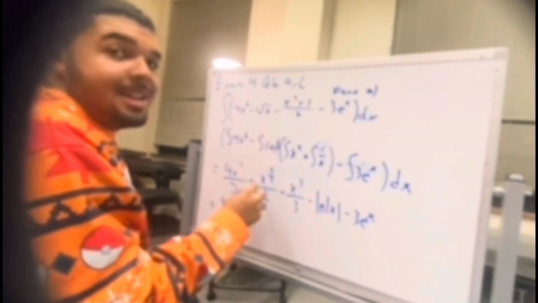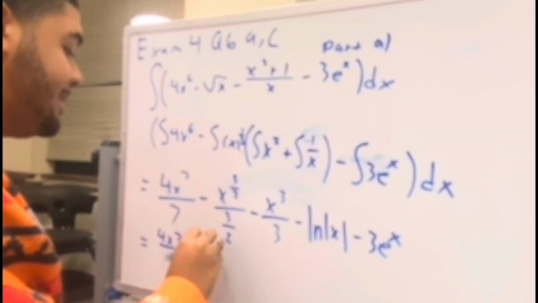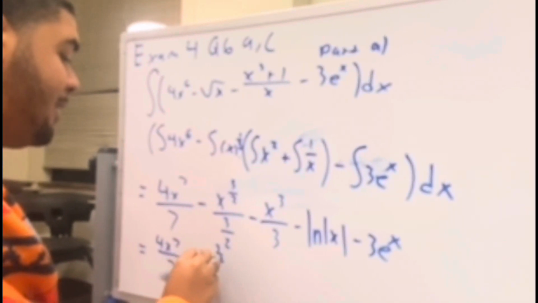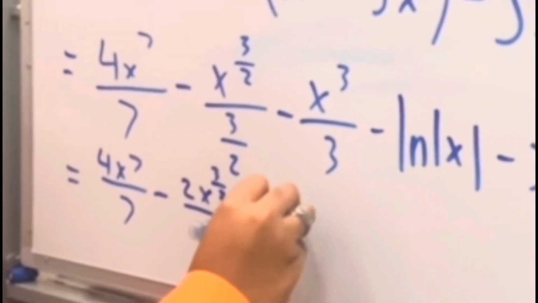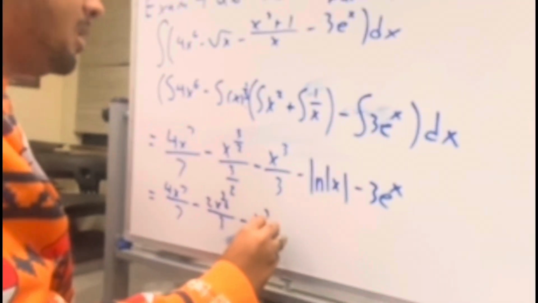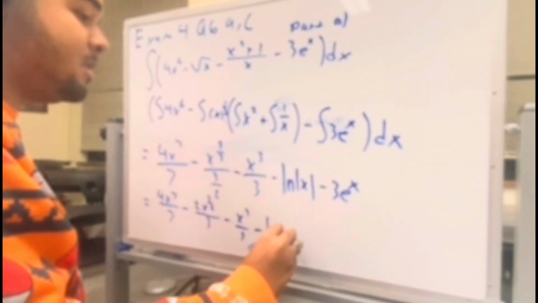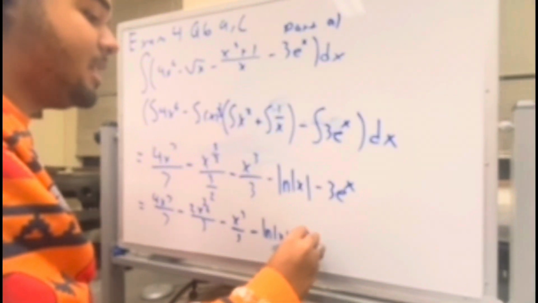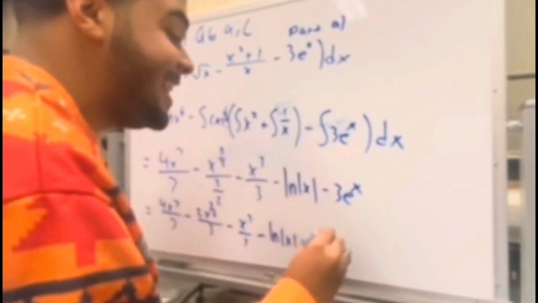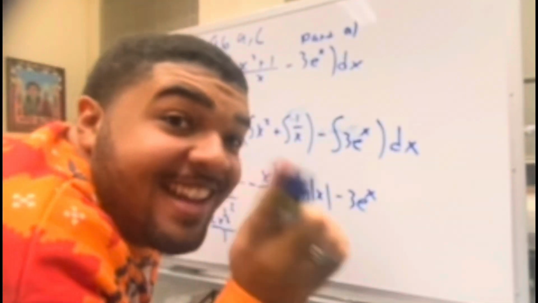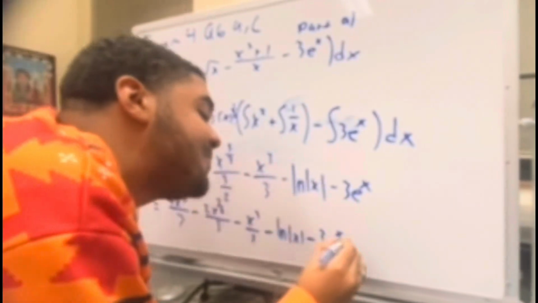Anyways, then you would get 2x to the 3 over 2 over 3, and then over here, you just get minus x to the 3rd over 3. You get minus ln absolute x, minus 3e to the x, and plus c. Do not forget your plus c. It's so important. I forget it all the time.